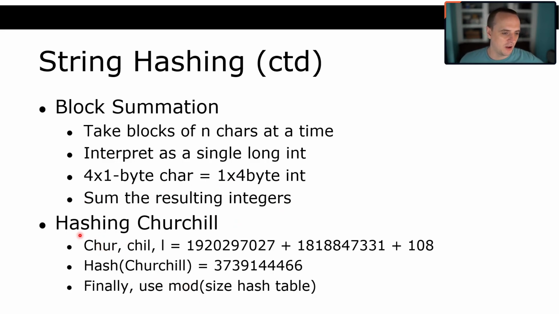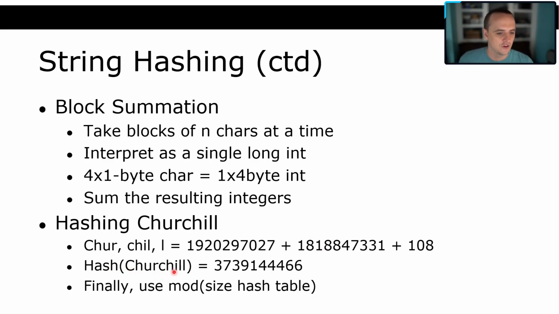So let's take blocks of 4. We're going to take CHUR, and figure out its integer value. Then we're going to take CHIL, and figure out the value for that. Then we take L, figure out the value for that, and then sum the blocks. If we use a hash table, for example, we could take the modulus with the hash size.